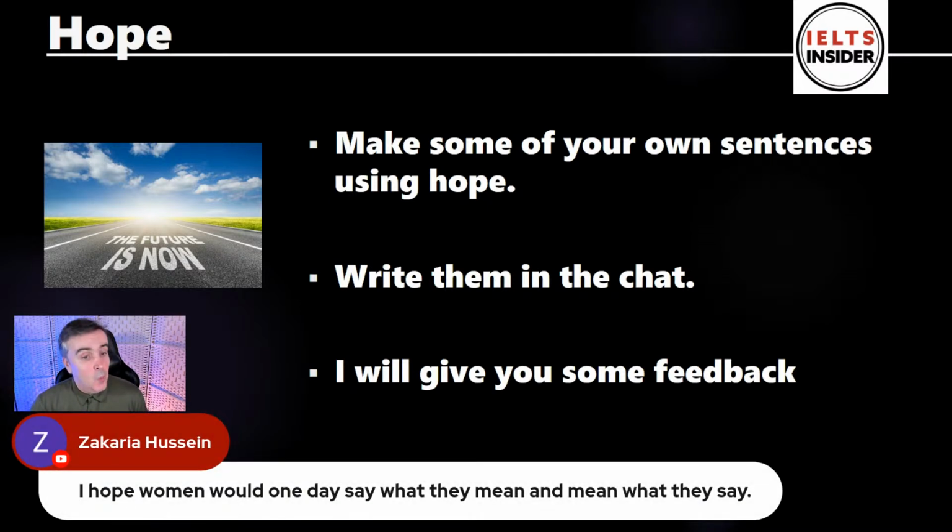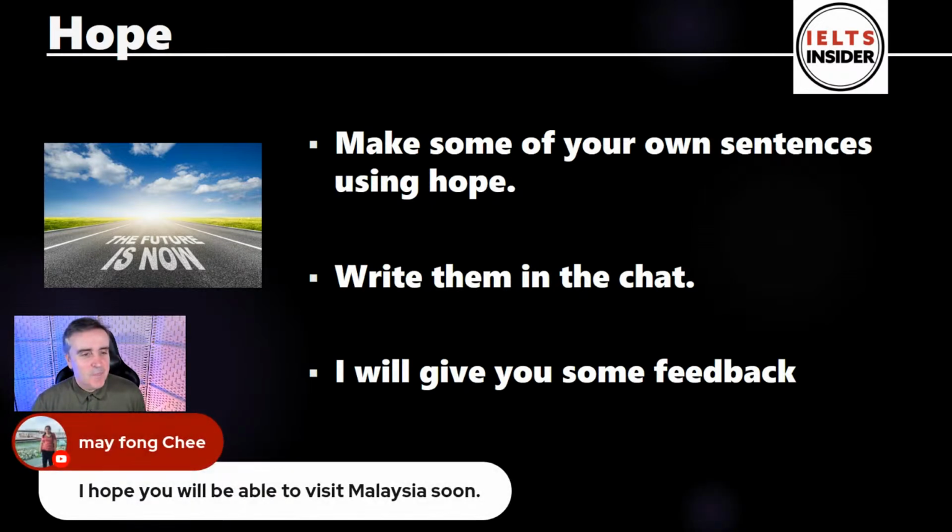Zakaria, I hope women would one day say what they mean and mean what they say. Well, don't women say what they mean, Zakaria, and mean what they say? Okay. I don't know. Maybe you've got different experiences from me. May is saying, I hope you will be able to visit Malaysia soon.